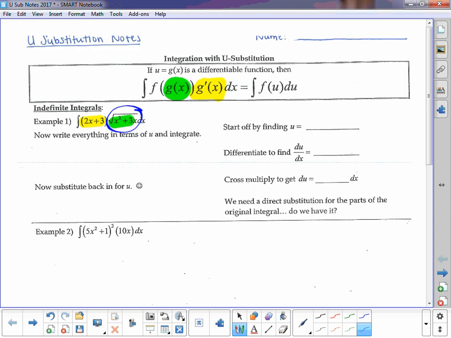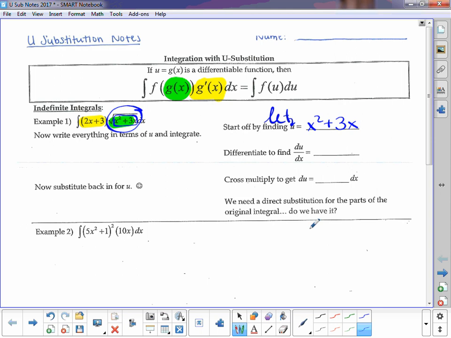This whole thing here is a composition of functions. So I want U to be that inside piece, just x squared plus 3x. Let's write it out as let U equal, because we're choosing what we want U to be.